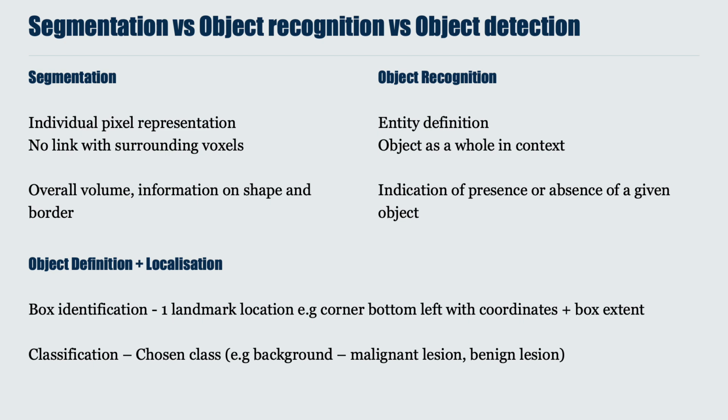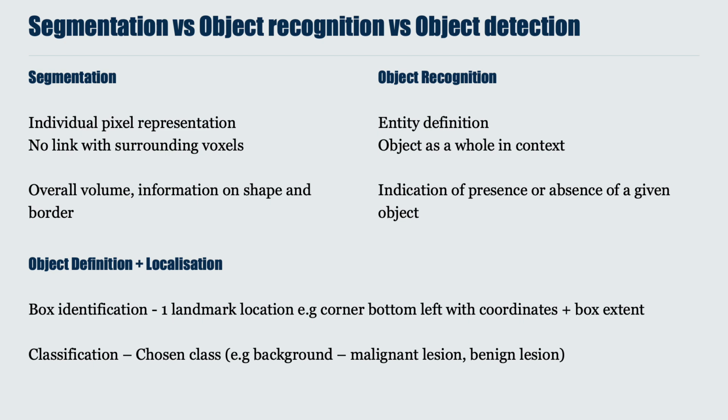Now, object definition and localization. When we try to define an object, usually we need to know what it is and to know where it is. And so one classical way of defining the localization is to define the box that surrounds it. And classically, people are mostly using axis-oriented boxes, meaning that you follow the x and the y axis for the border of the box.